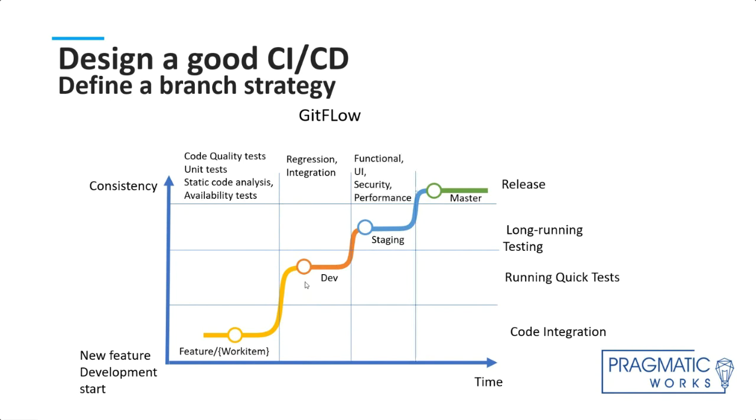On staging, we are running the functional, UI, security, and performance tests, because we have a more stable code base and we can run those tests for a long time, for example, one night or two nights. And on the master branch, we're mostly doing acceptance testing and smoke testing after release.